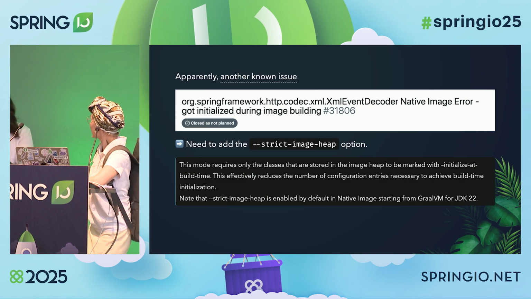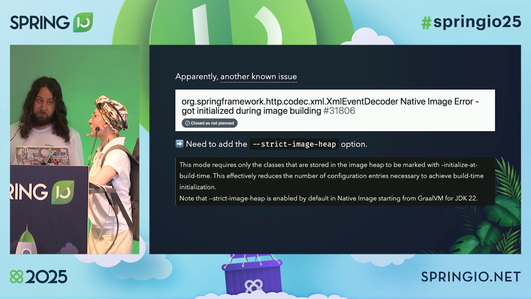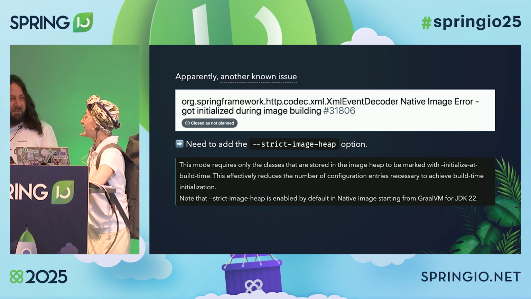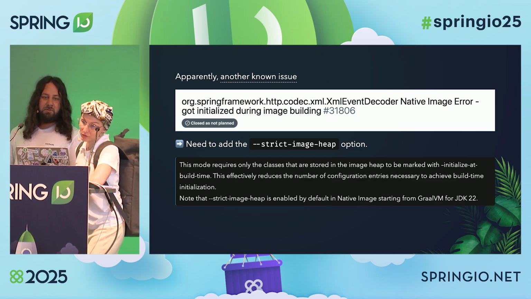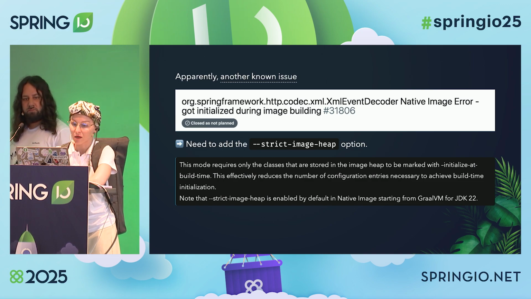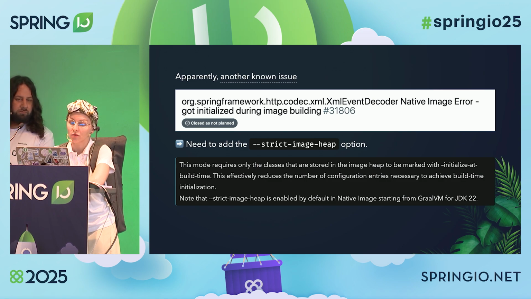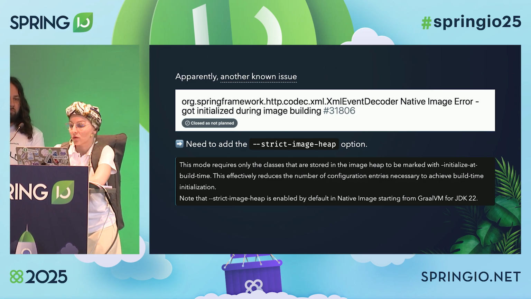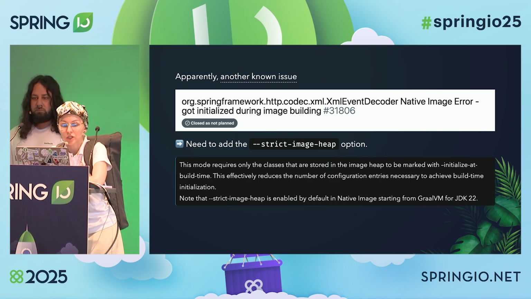It's not just enabled by default, it's enabled by default and removed starting from GraalVM for JDK 22, which you can see in the source code, even though they don't say it in the documentation. Yeah, but as we're using JDK 21, we still need to enable this option, which requires that only the classes stored in the image heap be marked with initialize at build time.